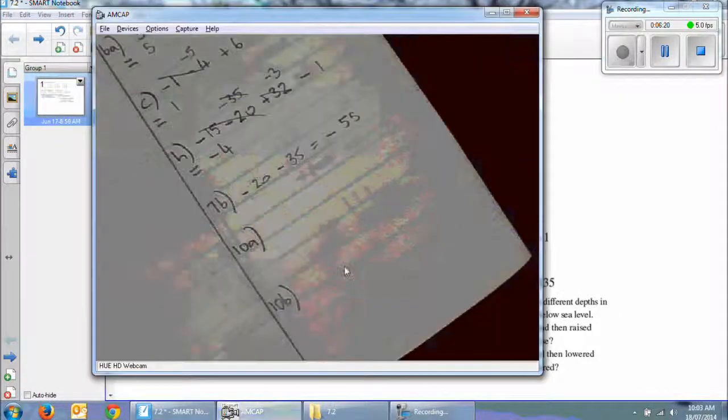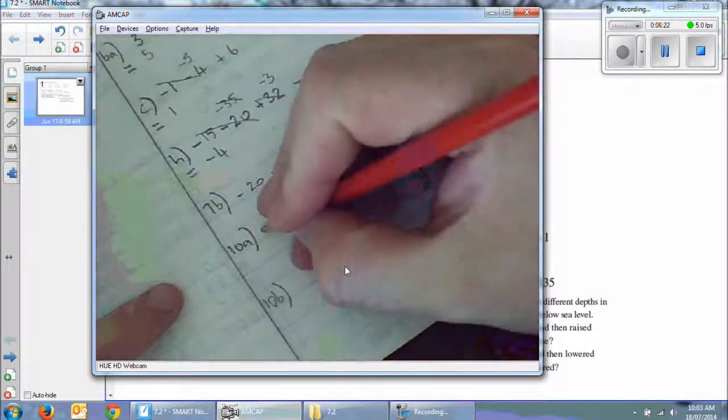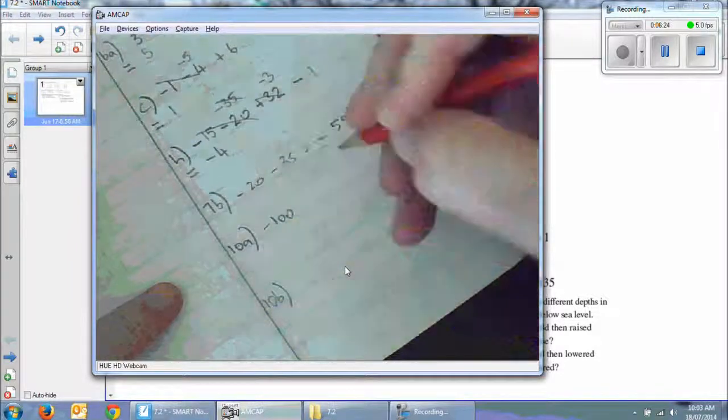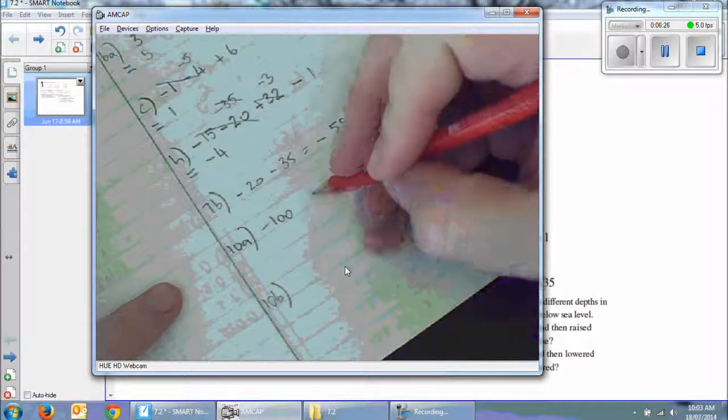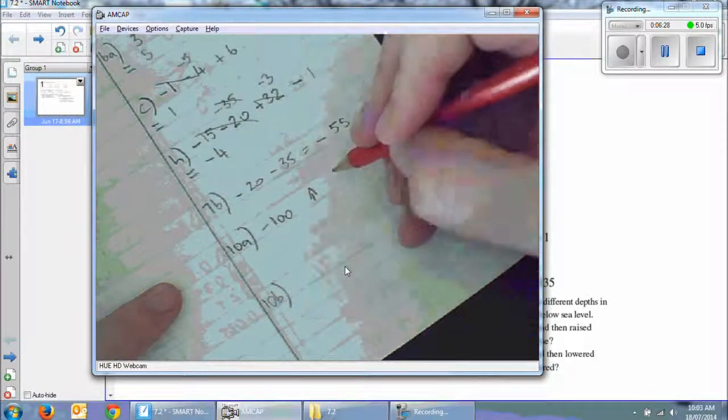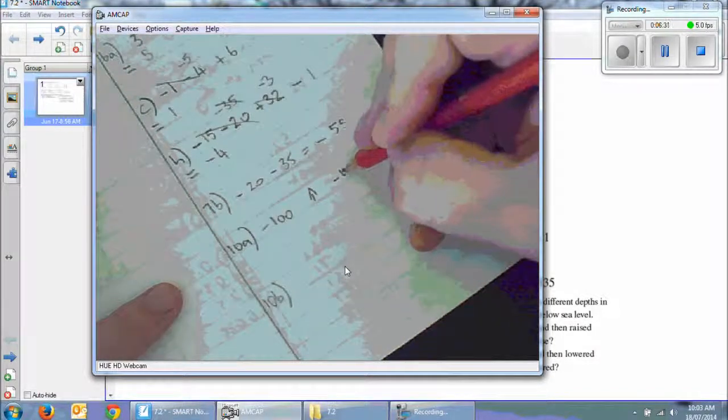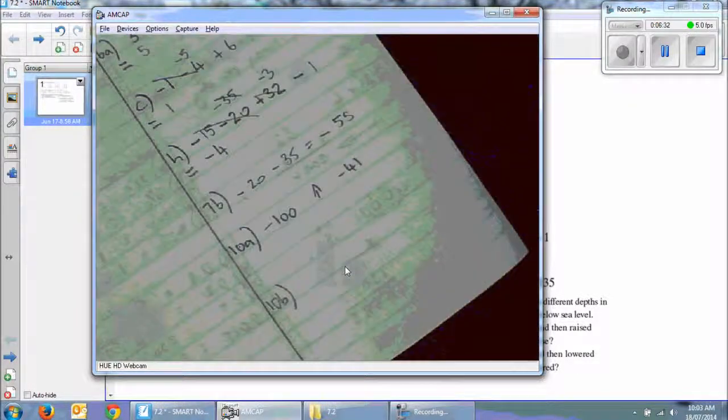So we're starting at negative 100. The submarine goes up to negative 41. So how far has it travelled?